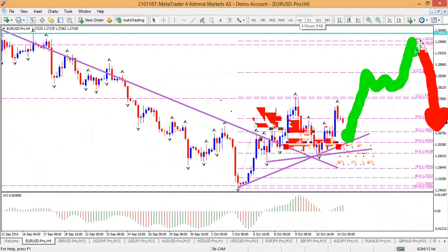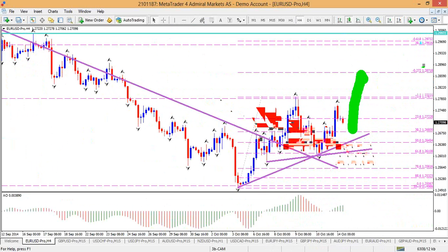Now, how long this could take is difficult. It could take long. I'm not sure. It could move up like this, go sideways, then break down, go up a bit, break one more time down, then move up again, and expand this into a pretty big consolidation, wave 4, big sideways movement.